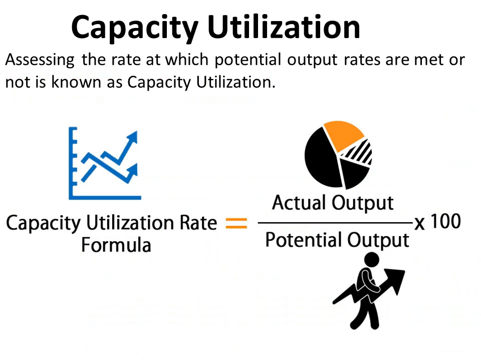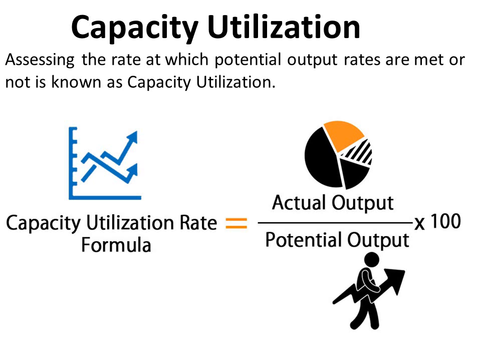Okay, the next one is the capacity utilization KPI. Here we assess the rate at which the potential output is met or not, which is known as capacity utilization. This lets manufacturing companies align the number of units produced with the percentage of potential that can be measured.